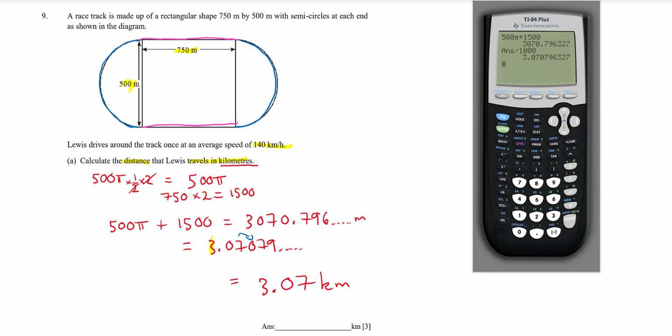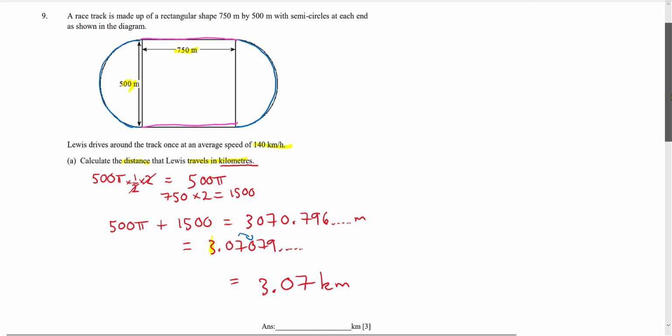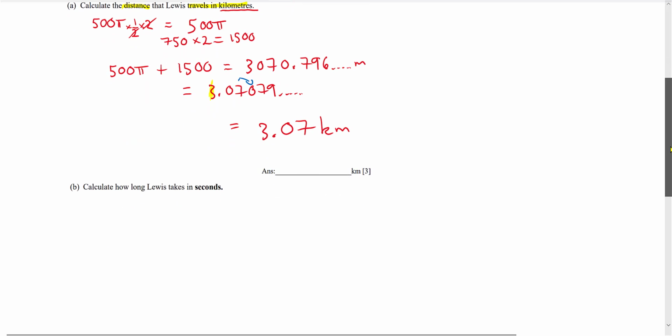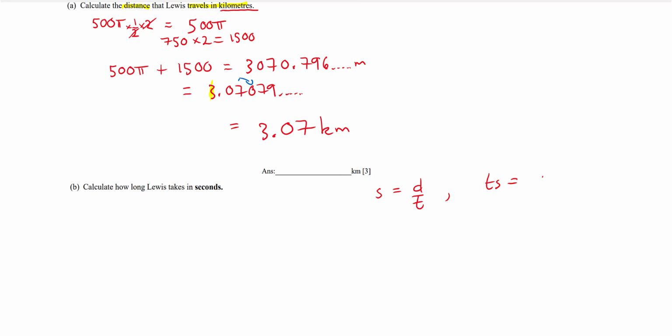Okay, so now we'll look at part B. So if we scroll down, we need to calculate how long Lewis takes in seconds. So if you remember the formula, we know that speed is equal to distance over time, and we want to find out the time. So if we multiply both sides by t, then we get the time is going to be equal to distance divided by speed.